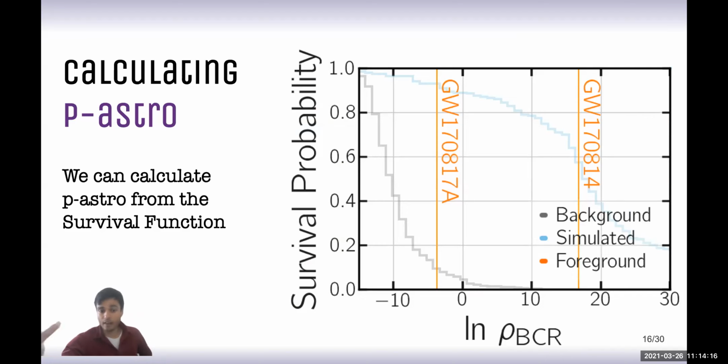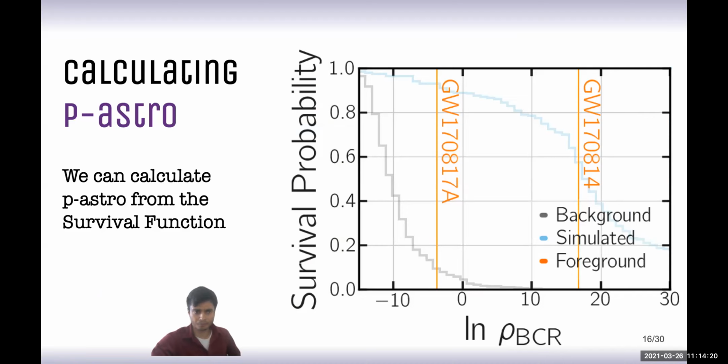So this plot is a survival probability plot. On the x-axis, we have the log BCR, which is the tool that I discussed. And on the y-axis, we have the survival probability. And on it are plotted the survival functions for the simulated data in blue, the background data in gray, and some candidates in orange. The vertical lines represent the candidate's BCR value.